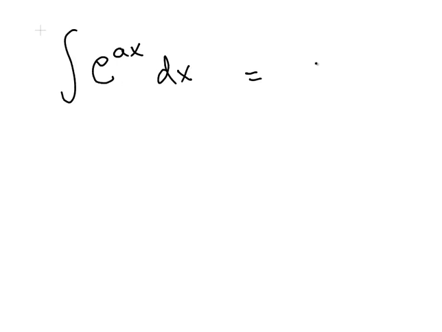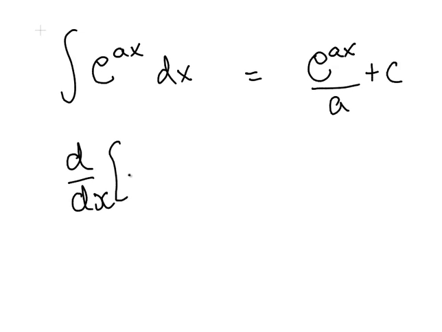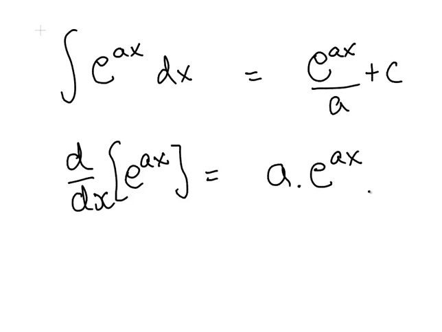When we integrate, we divide by the constant, so it's e to the ax over a plus c. And when we differentiate, the derivative with respect to x of e to the ax is simply a times e to the ax.